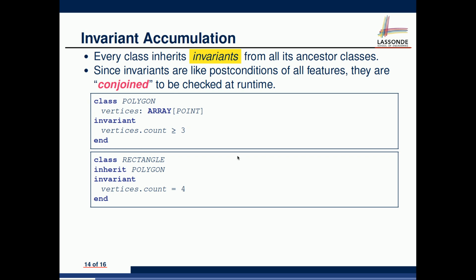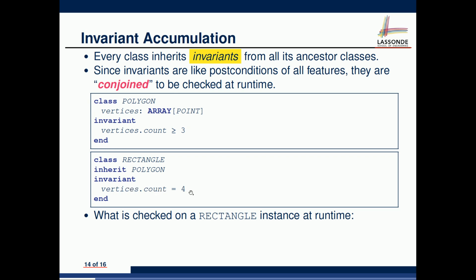So when you have invariants, there's also a way for you to justify whether a class can be a subclass of another. Let's say at runtime, what will be checked for rectangle? You will check invariants, but is it only going to check vertices.count equals 4?